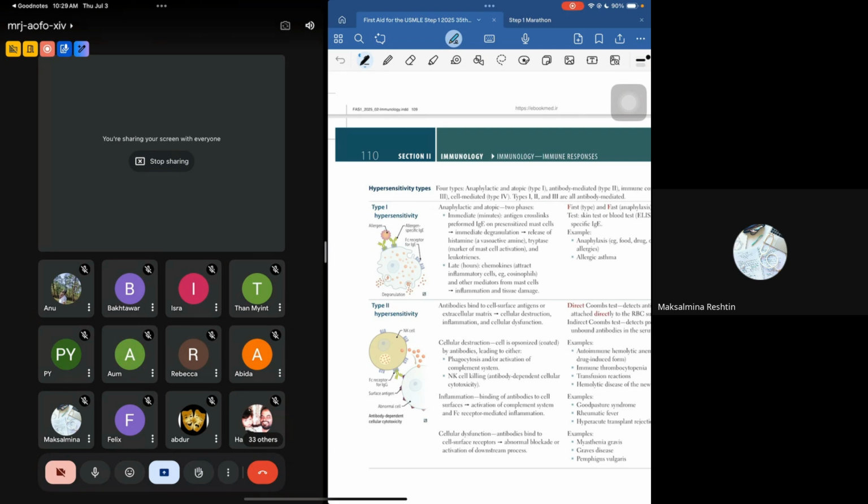When the vessels are vasodilated, there will be secretion of different substances as well. All of these things happen when histamine is secreted. So this is how these reactions occur.